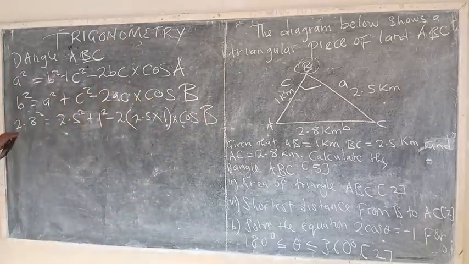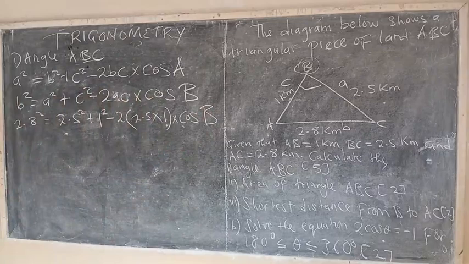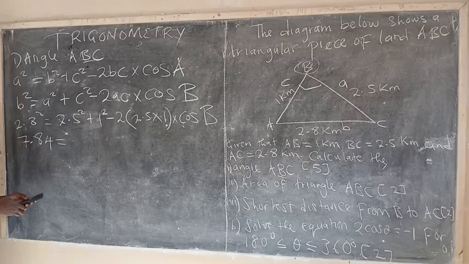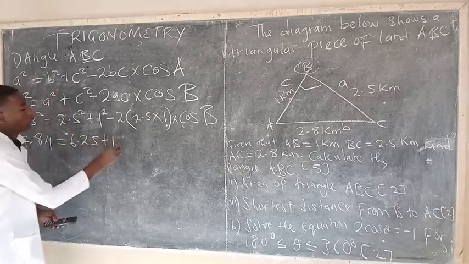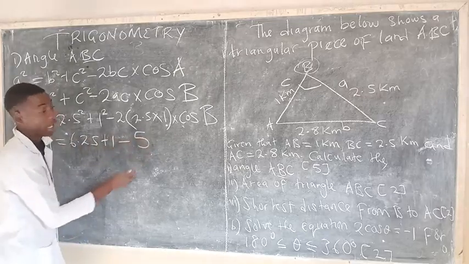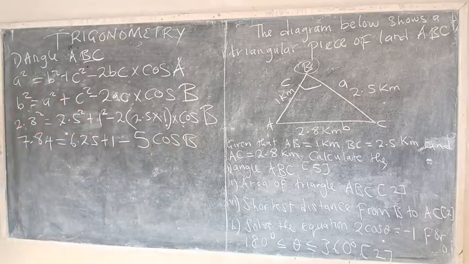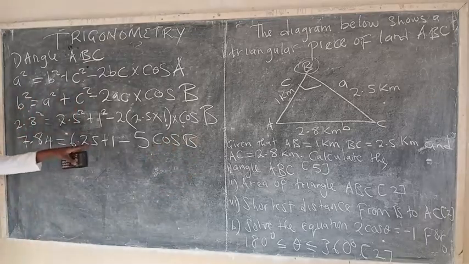So 2.8 squared gives us 7.84, which should be equal to 2.5 squared, which gives us 6.25, plus 1, minus 5 cos of B.